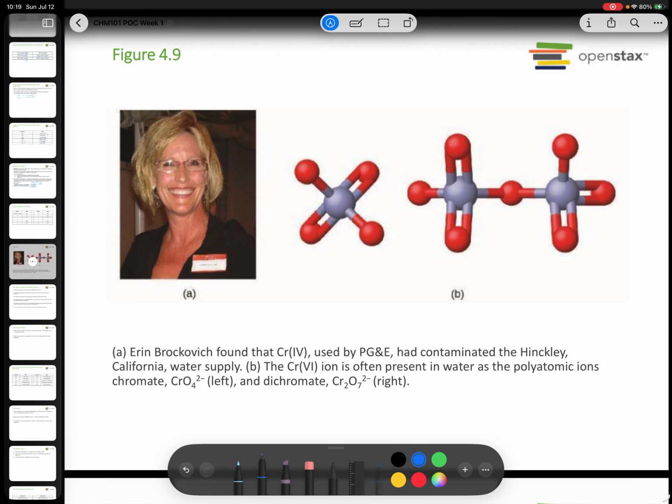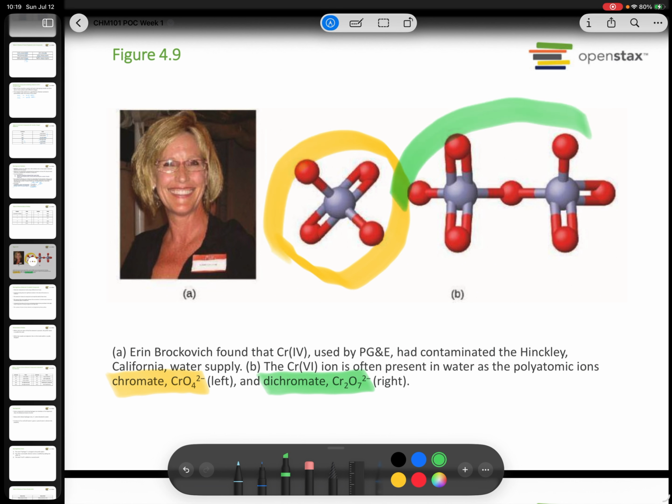So, ito yun, chromate. Tapos dichromate. Iba yung color ni dichromate. So, yun yung itsura nila, no?